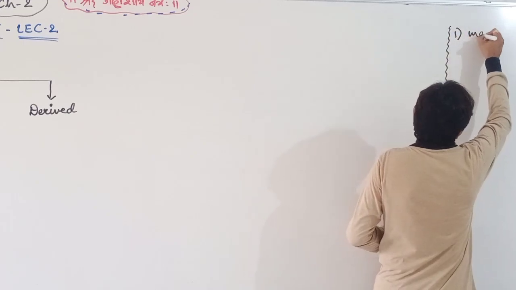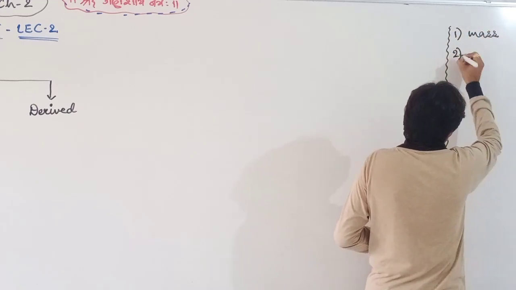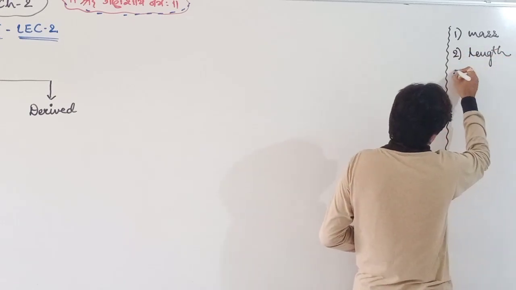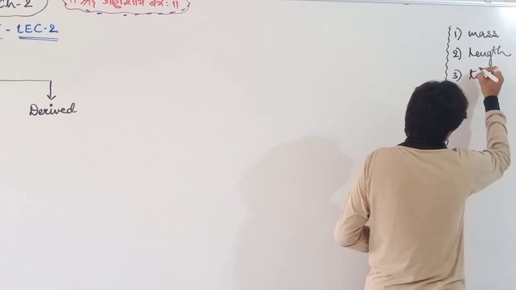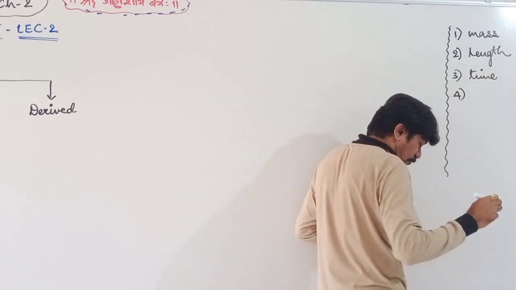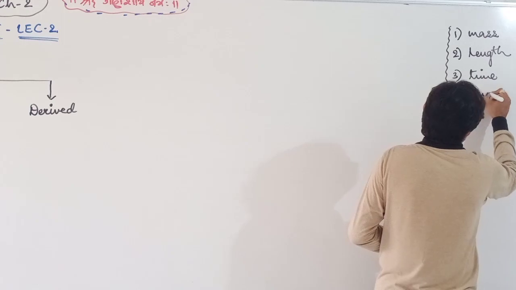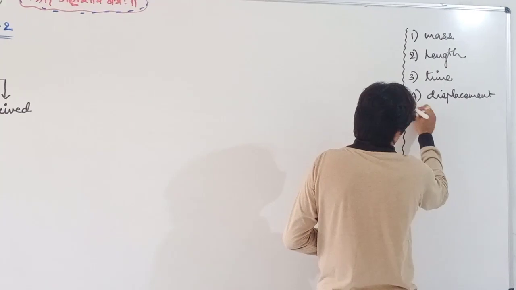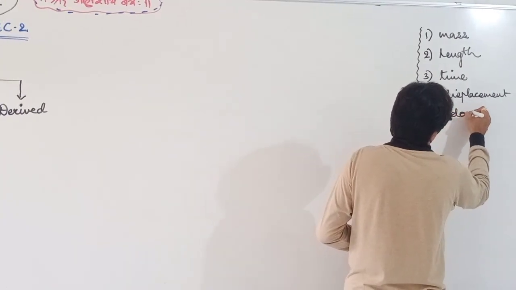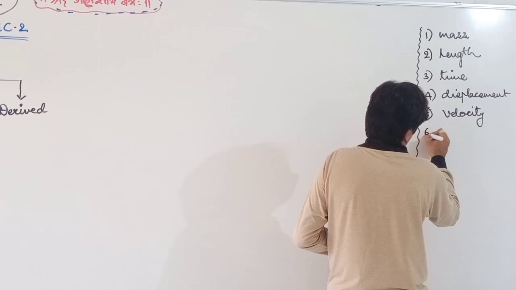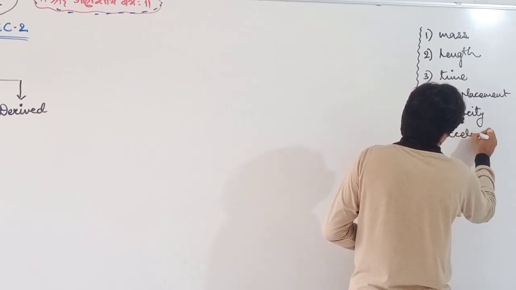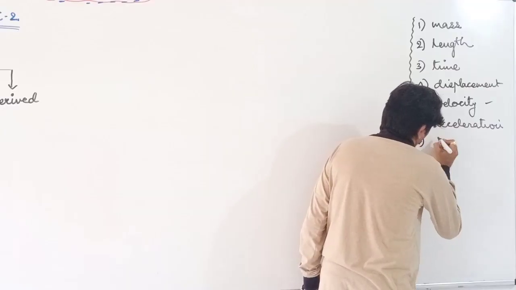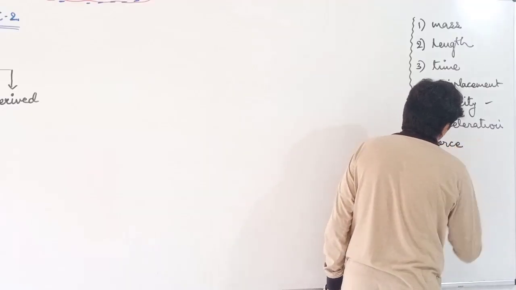Number 1, mass. Number 2, length. Number 3, time. Number 4, displacement. Number 5, velocity. Number 6, acceleration. Force.